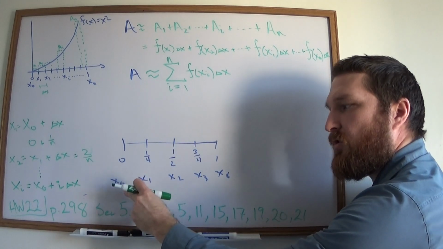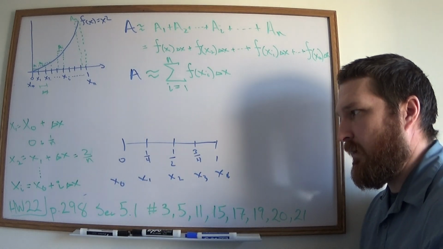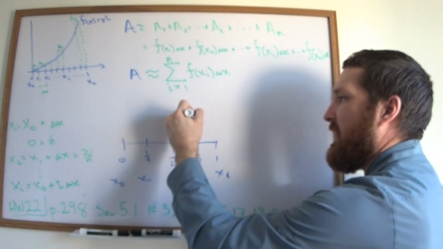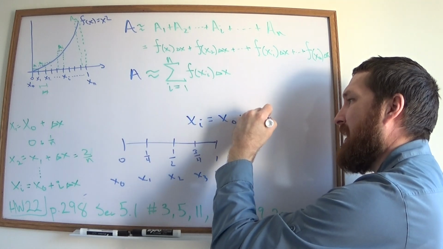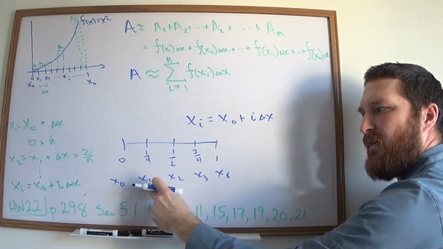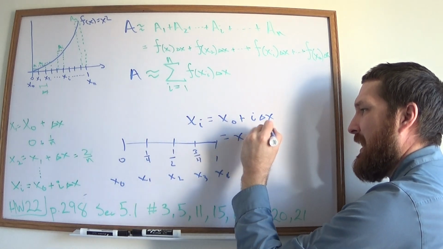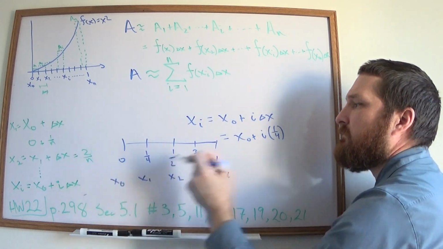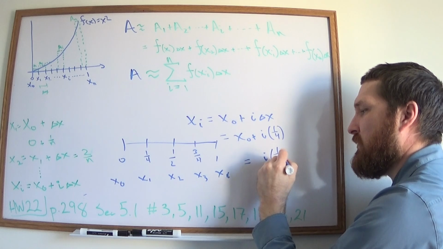Just to be sure, let's make sure that this works with our original thing that we did. This formula should work. We could find our xi by taking x0 and then going i times delta x. What was delta x in this case? 1/4. So x0 plus i times 1/4. What was x0? 0. So it should be 0 plus i times 1/4.